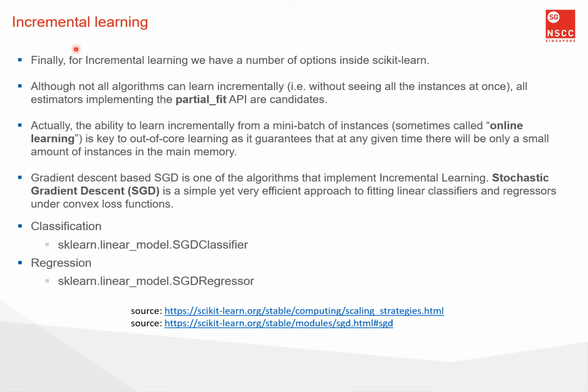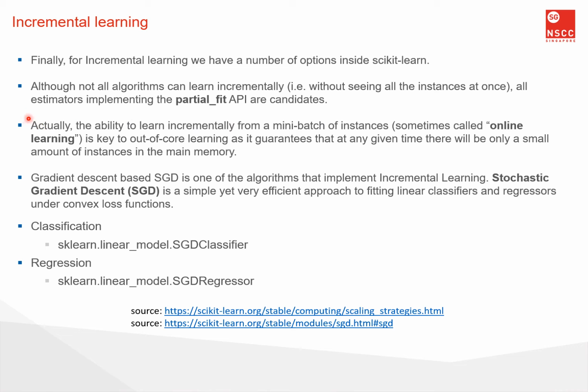For incremental learning, we have a number of options inside scikit-learn. Not all the algorithms can learn incrementally, but there's a substantial number of them. Learning incrementally means being able to learn without seeing all of the rows of data at once.